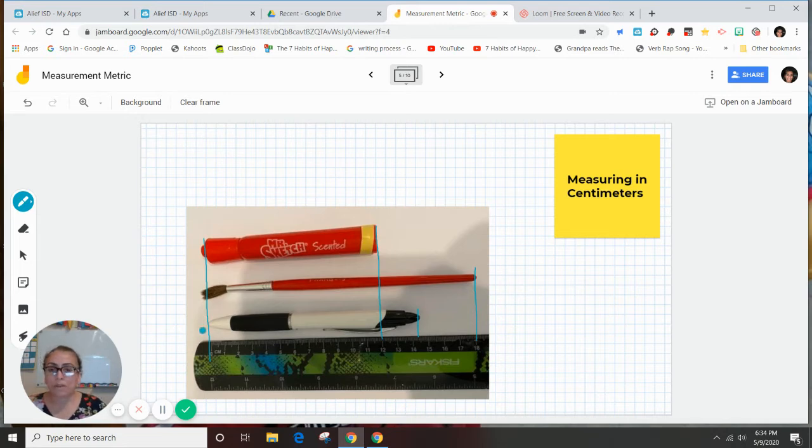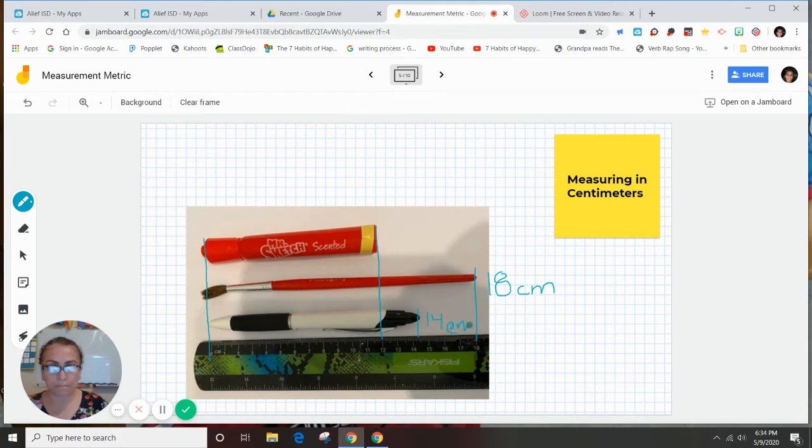Okay, so I know the pen right here, I can see that it's a little bit more than 14. Let's say that it's about 14 inches long. And I'm going to write right there, 14 inches long. And I have my paintbrush goes all the way to 18 inches. I mean centimeters long. Sorry guys, I'm talking about centimeters right now.